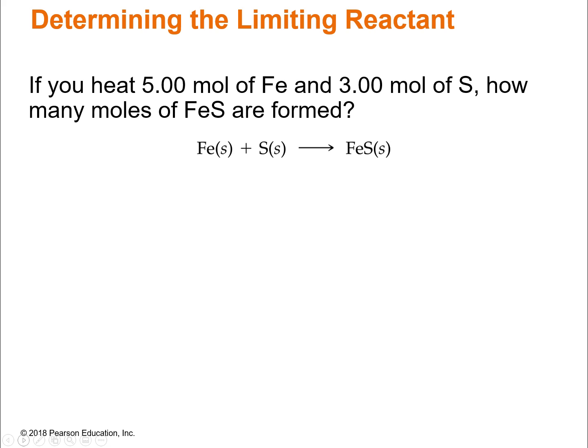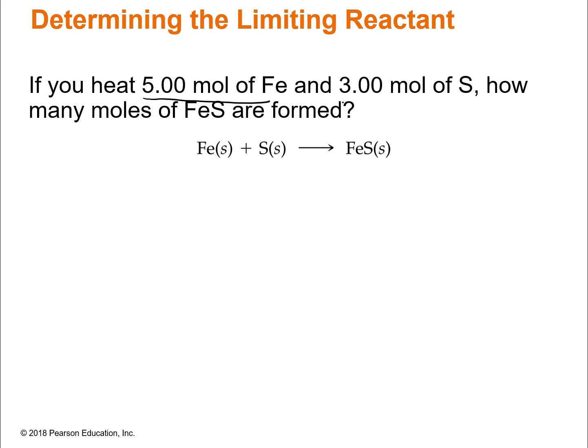So let's show what that means with chemistry. Not as interesting as grilled cheese sandwiches, but we'll get through it. Let's say that we've got 5 moles of iron and 3 moles of sulfur and we heat it. How many moles of iron 2 sulfide are formed?